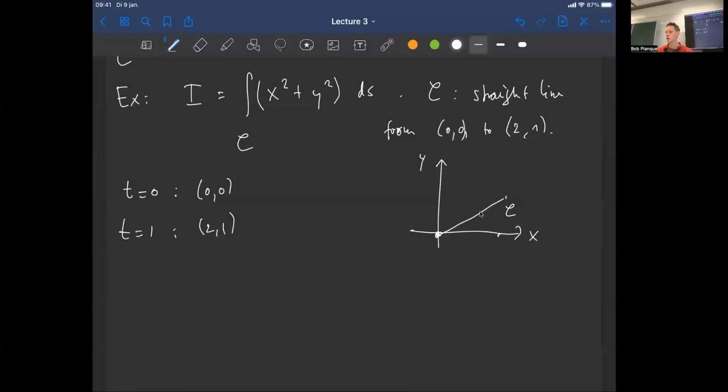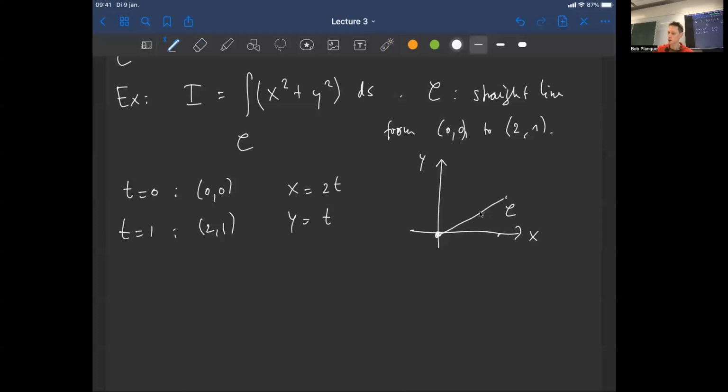So how should the x variable change with t? Well, x should just be 2 times t, because then I go from 0 to 2. And y should just be t itself, because it goes from 0 to 1 at the same time. And this is a straight line.